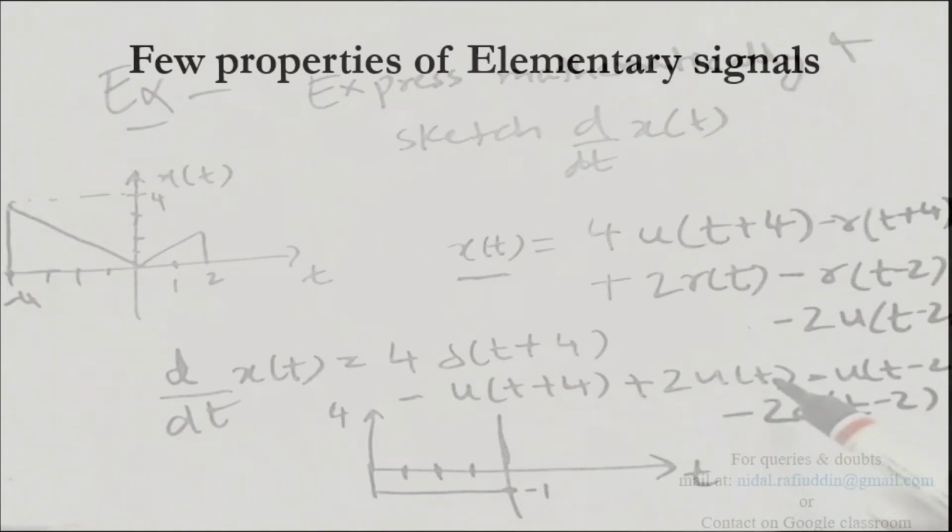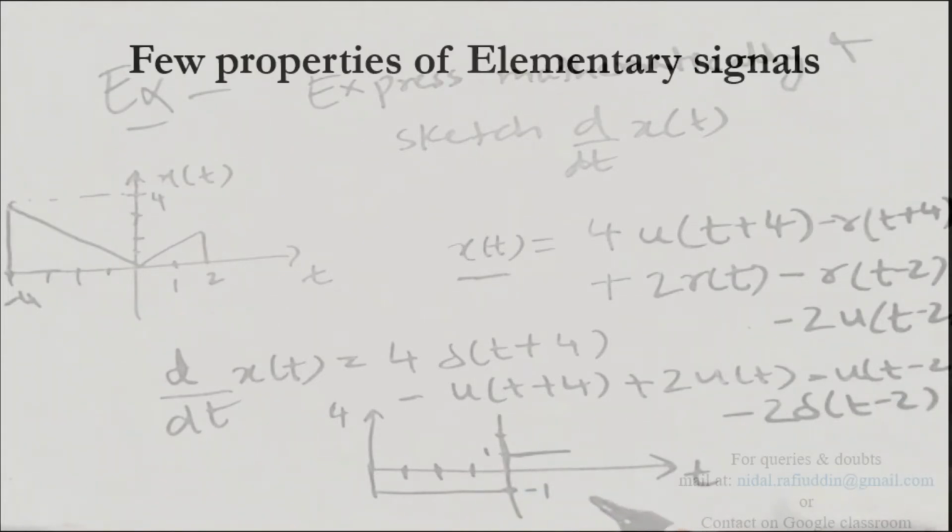So 2 times u(t) will have a magnitude of +2 starting at t equal to 0. But since we have -1 here, this -1 and this +2 will be +1. So this line will start at 1, not 2, because this is -1 and this is +2, so the net value that we get is +1.